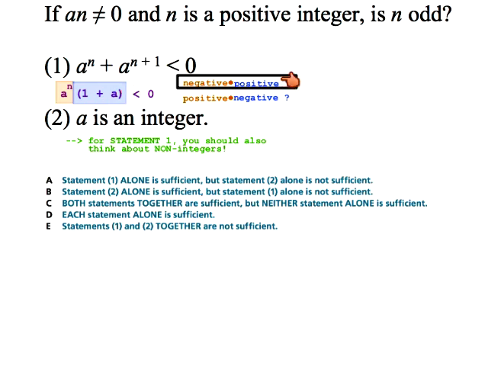But then 1 plus a would have to become positive, which means that a has to be a fraction, right? So a could be negative 1/2, and n could just be something like 1.